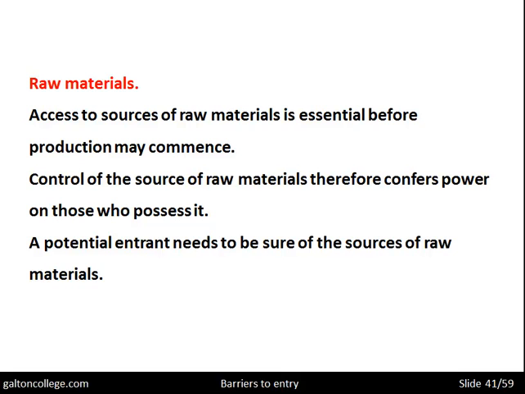They have secured their own supplies. In so doing, of course, they are blocking potential entrants. They are blocking new companies from coming into the market. So a potential entrant needs to be sure of the source of raw materials before they start the company. There's no point in investing in the premises and the capital and the machinery and then find that they can't get the raw materials.